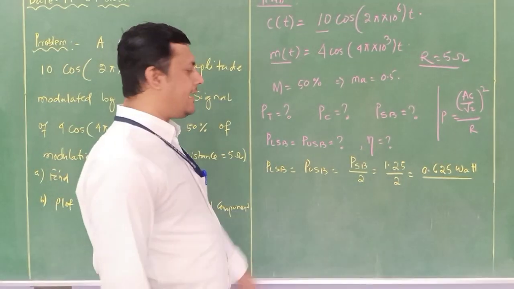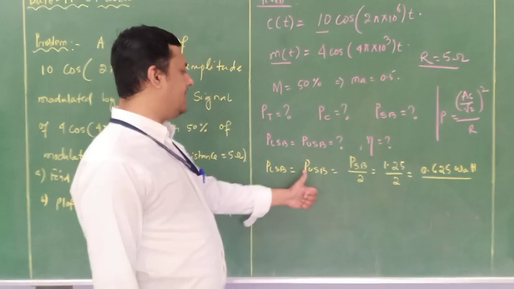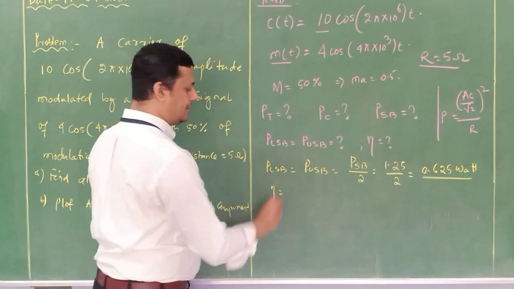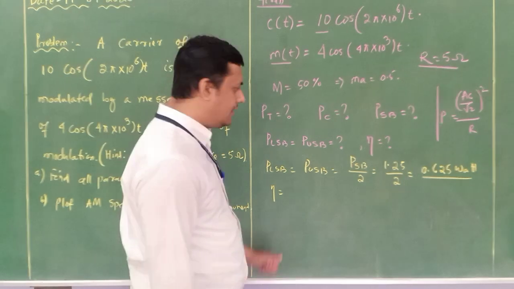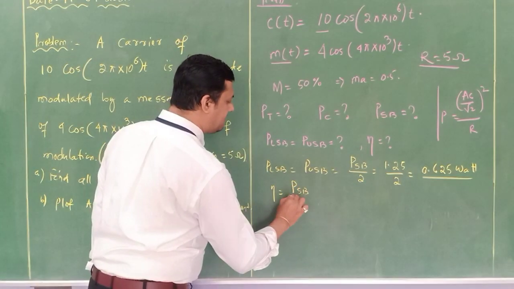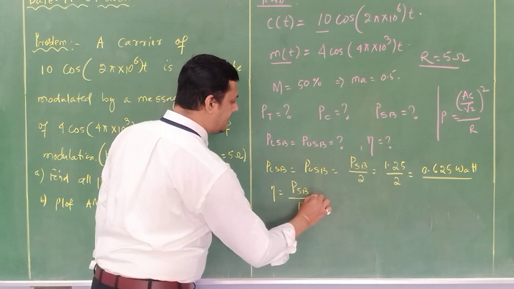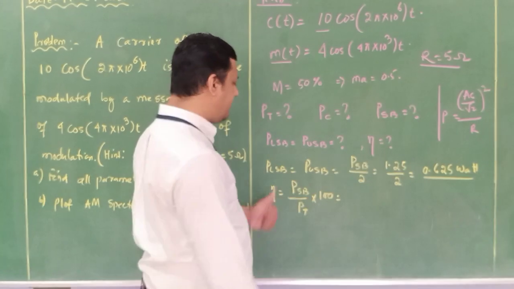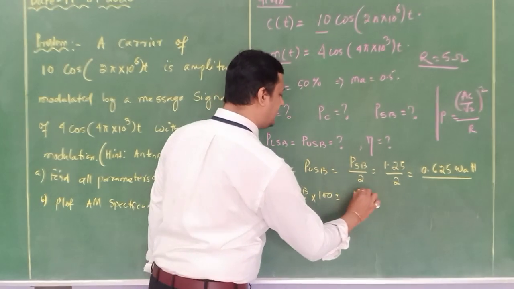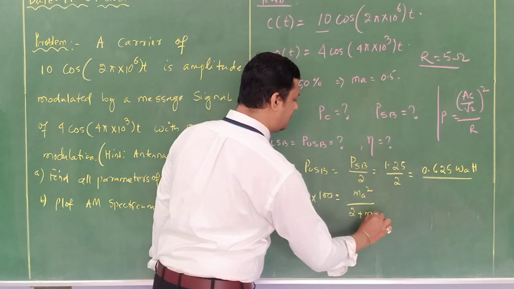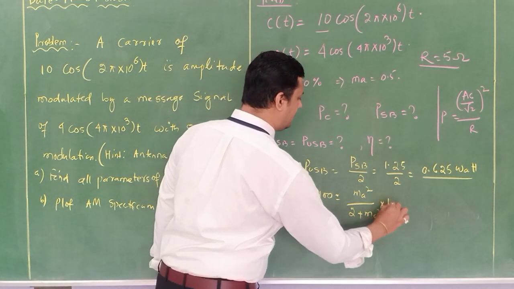Now once LSB and USB are known, next we will go for efficiency. Efficiency of transmission. So what is the efficiency? As we know that it is sideband power divided by transmitted power into 100. This is one relation, and one more relation with respect to modulation index, ma squared divided by 2 plus ma squared into 100.